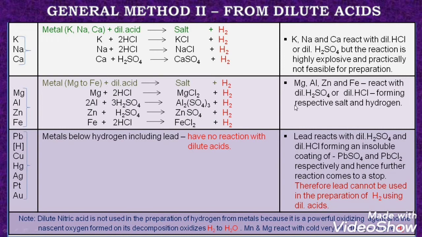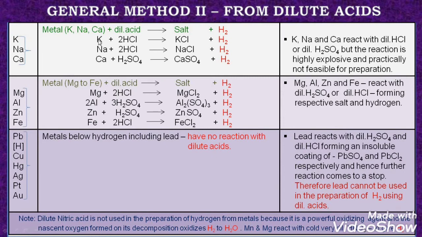So here again we know it reacts to form salt and hydrogen. When we talk about active metals, I have told you active metals means K to Fe. All these active metals react with dilute acid, forming the respective salt, liberating hydrogen. You can notice in all these cases the common product that is formed is hydrogen. So you might also get this as a question: name the gas evolved in each case.